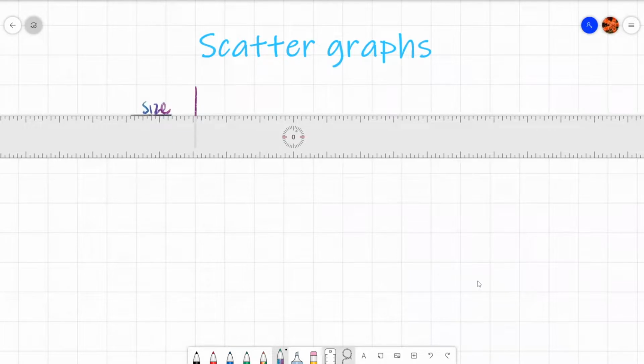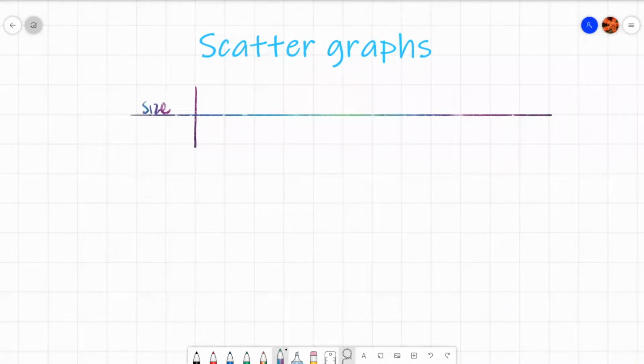The sizes given to us are 5, 12, 7, 10, 10, 8, 9, 11, 6, and 8.